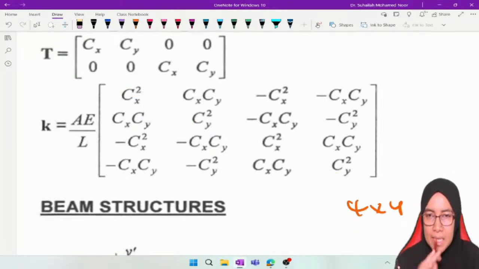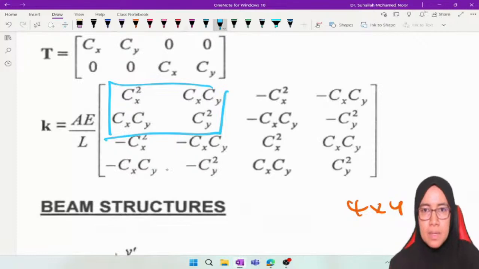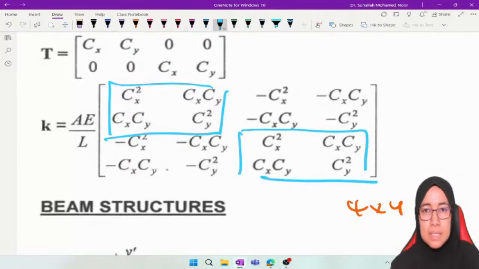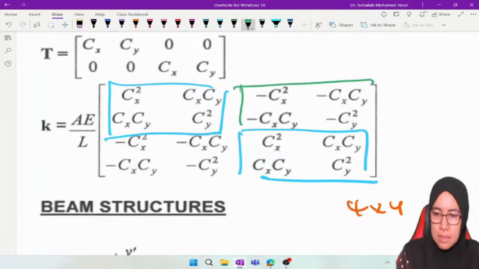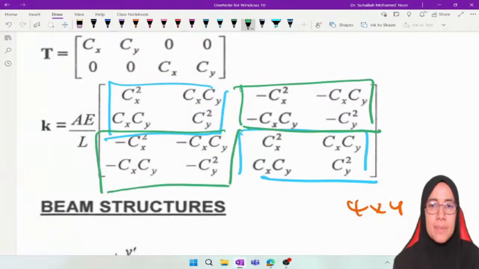Next, you can find that these 4 values are actually the same as these values, same formula. And the other 4 are the same as these.